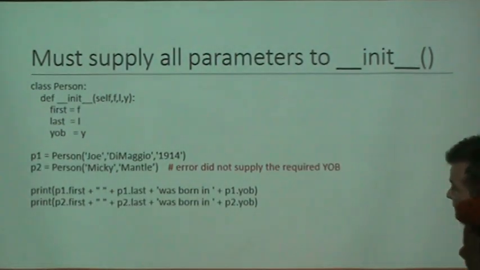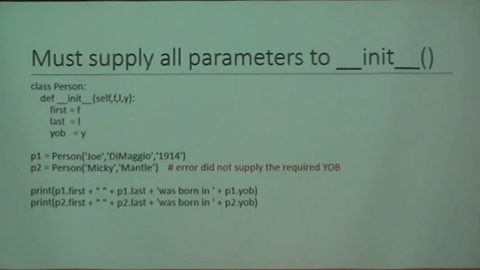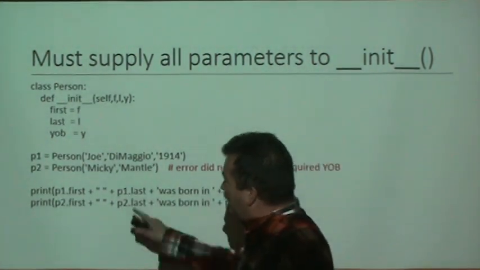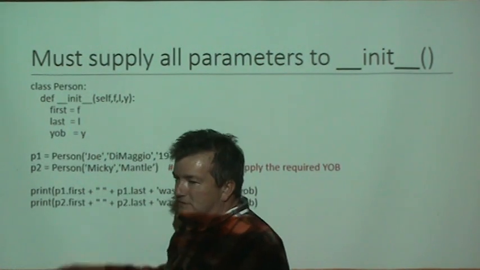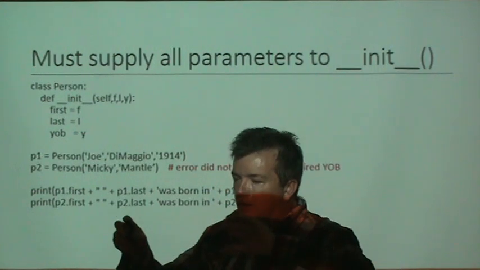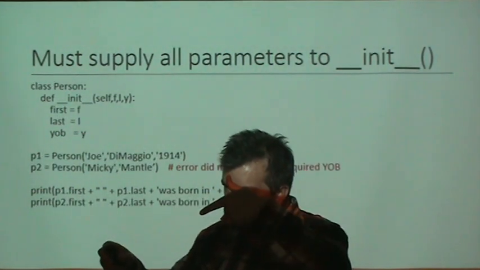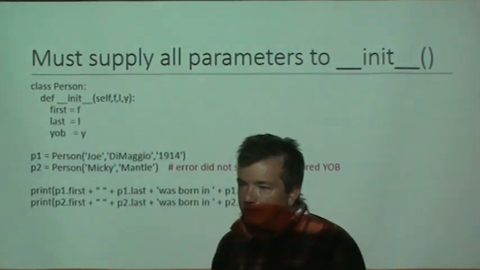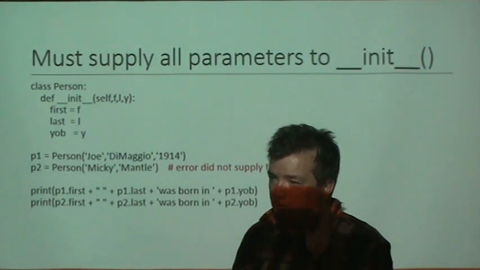Okay, so you must supply parameters to the init function if the init function is written with anything more than self. Self is by definition the piece of storage being created. We make a reference called self and we point at it so we can refer to it. But any other parameters that you put after it, if you do not give default values, they are required.